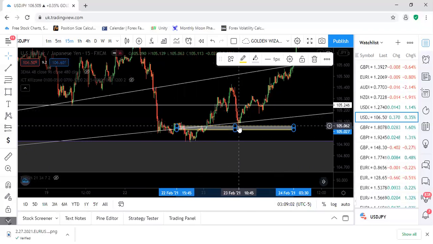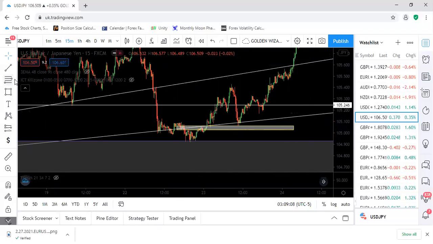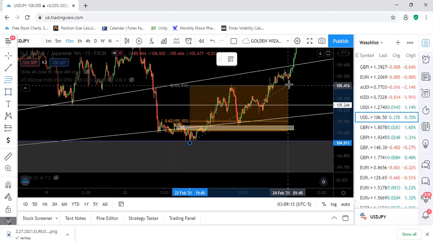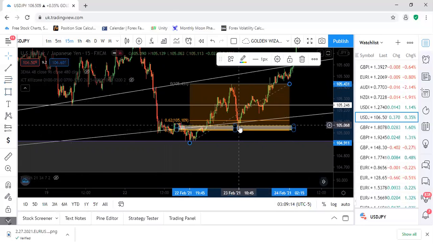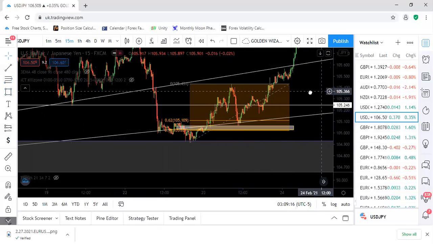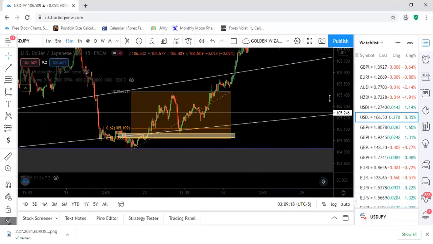Come up, break market structure. Look at how they come right back to this breaker block, 15-minute breaker block. Throw the OTE up there. Right into the OTE, tap the order block, the breaker block, and there's your buy, and there's your buy.